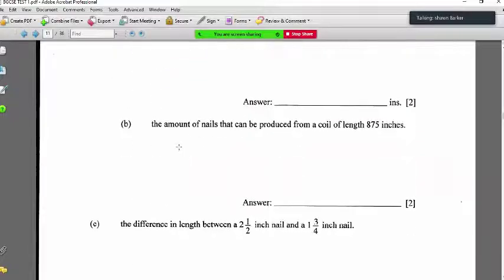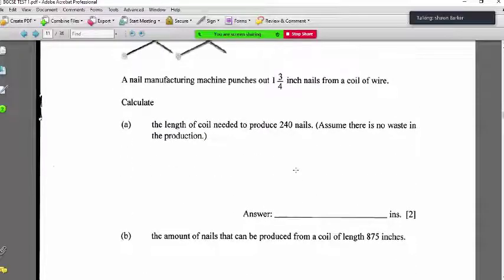Part B, the amount of nails that can be produced from a coil of length 875 inches. So in this case, I have 875 inches, but what information am I given in the problem? It says that one nail takes 1 3/4 inch, or 1.75 inches.